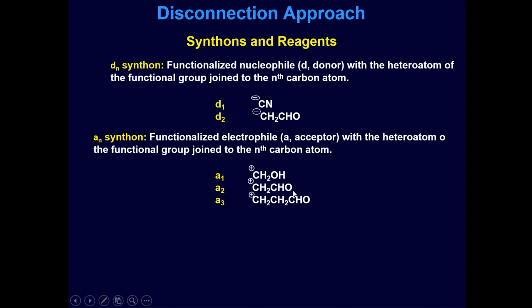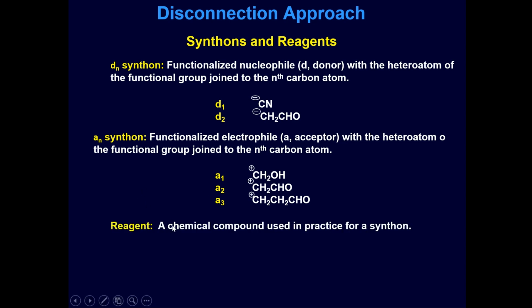Also CH2CHO plus and CH2CH2CHO plus. All these can act as acceptor synthons, or they are examples of acceptor synthons. To get these donor synthons or acceptor synthons, we should use various reagents.